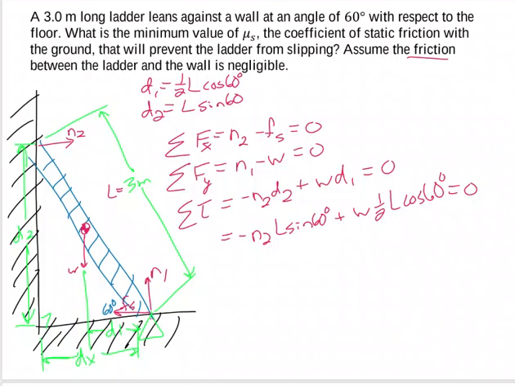It's going to be N2 is equal to W d1 divided by d2. And what happens to the L? I can divide by L and it's gone. Let's move the N2 term over so that it's positive, and then I'll divide by sine 60 degrees.